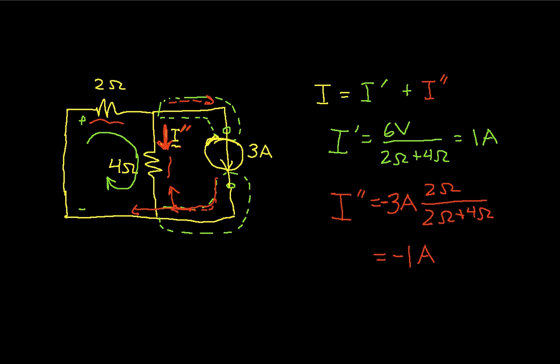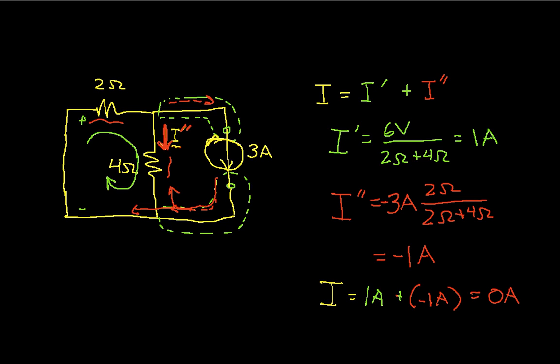This tells me then that the total current is going to be I equals 1 amp plus negative 1 amp, or 0 amps.